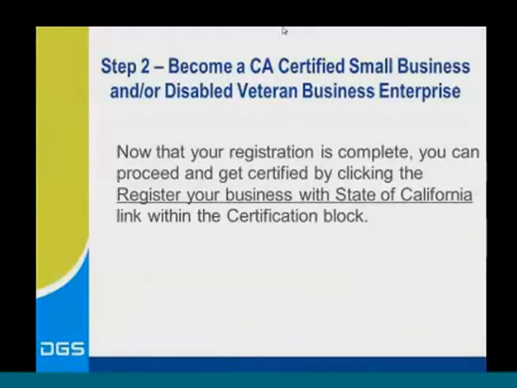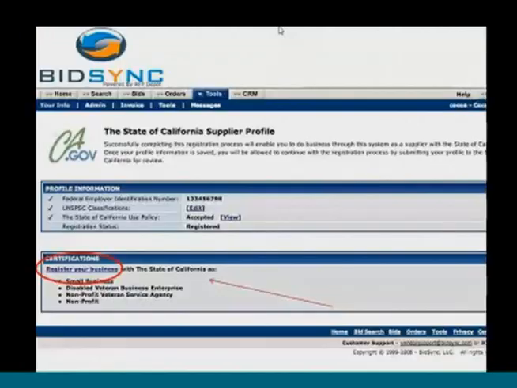Now that you are registered in BidSync under the California profile, you now can get your certification as a small business and or disabled veteran business enterprise. Under the second box, under your California supplier profile, you'll see register your business with the state of California.